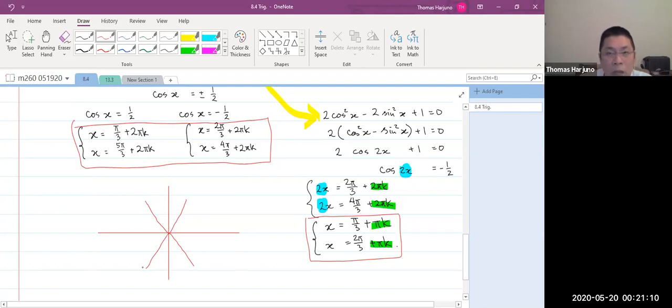Notice that our solutions on the right-hand side express it the same way. 4 pi over 3 is this one, but when you add pi, pi over 3 plus pi will give you this one. As if this solution here actually combines this guy and this guy.